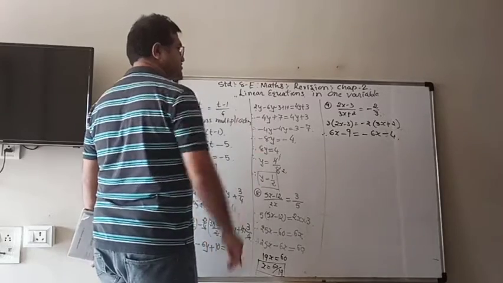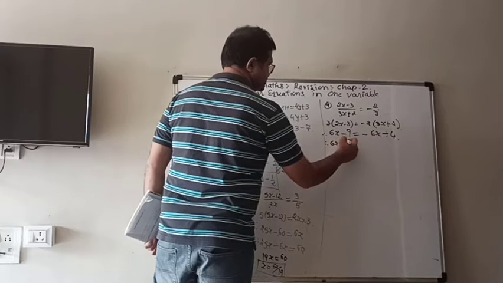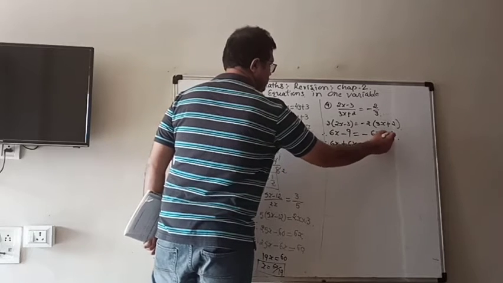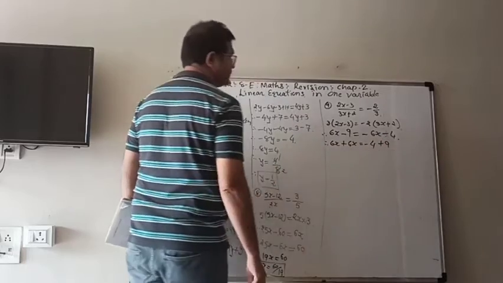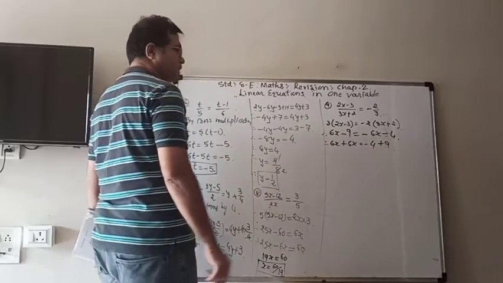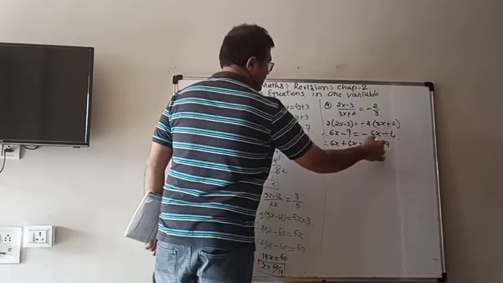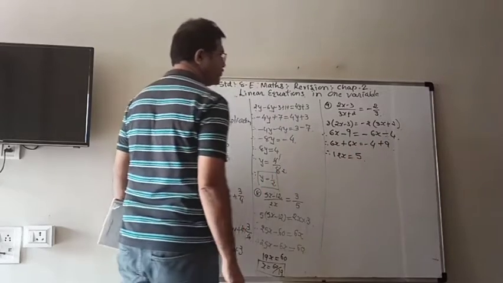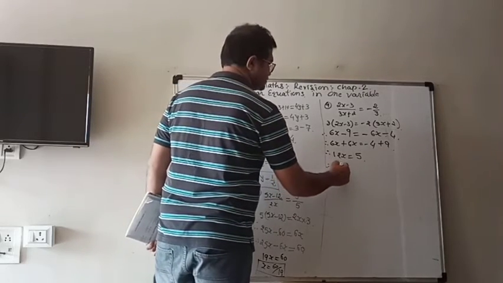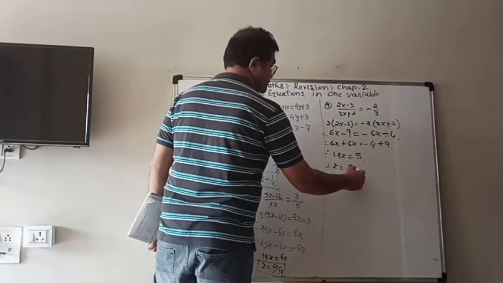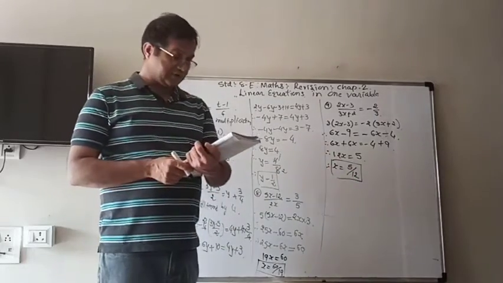Now that 6x we will bring to this side, so it will become plus 6x. 6x plus 6x is equal to minus 4 minus 9, which will become plus 9. 6x plus 6x is 12x and 9 minus 4 equals 5. So x is equal to 5 upon 12. That will be your answer.